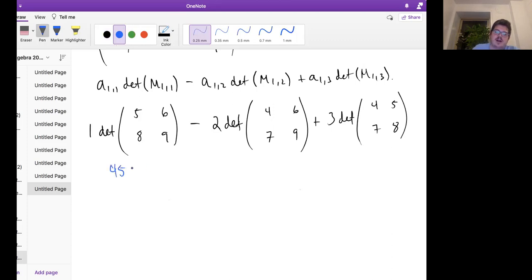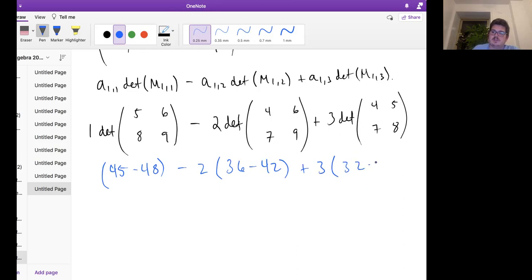So this is 45 minus 48. And we have minus 2 times, and what's the determinant of this? 36 minus 42, and then plus 3 times, and what's the determinant of this?